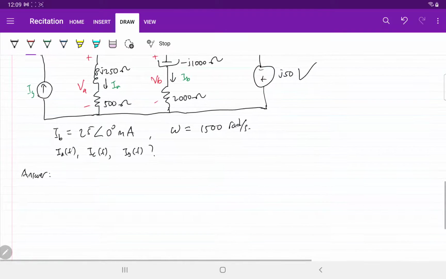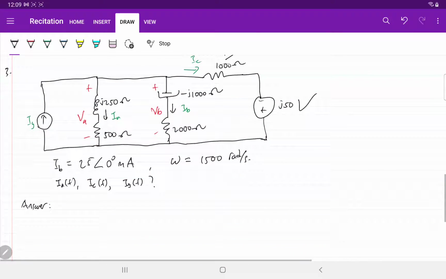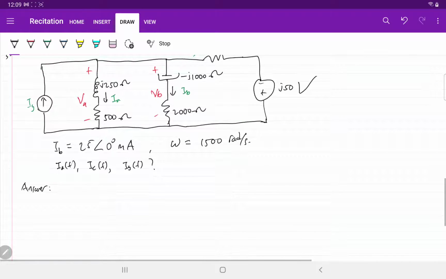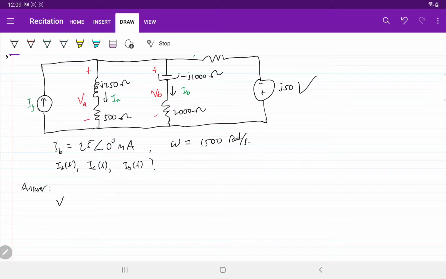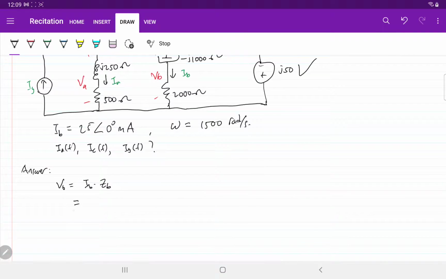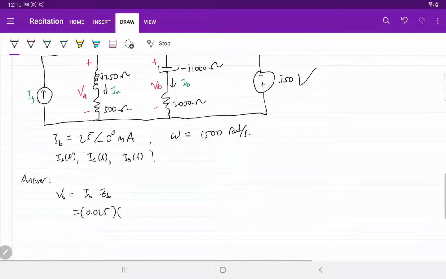Now let's compute VB first. VB is IB multiplied by ZB. IB is 0.025, and zero angle, doesn't matter.